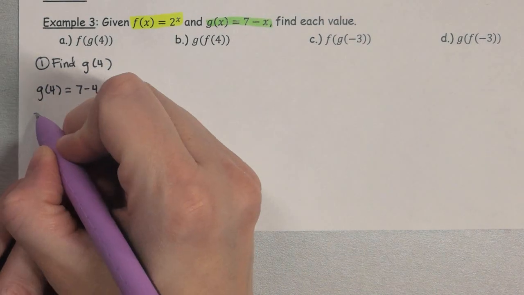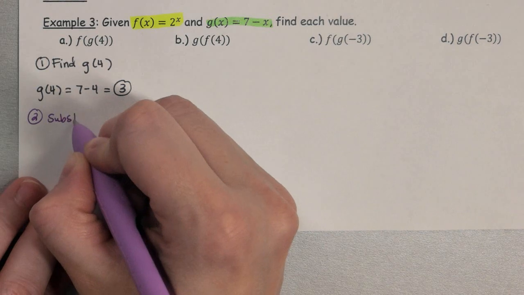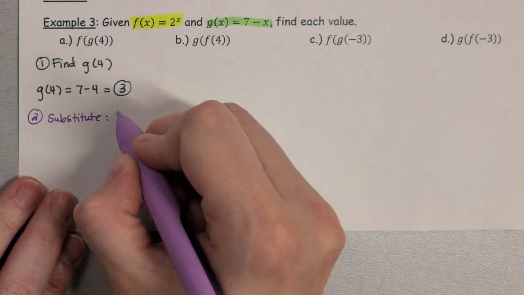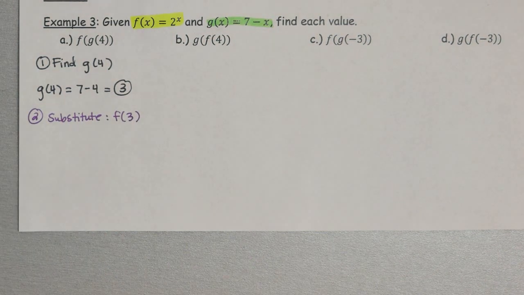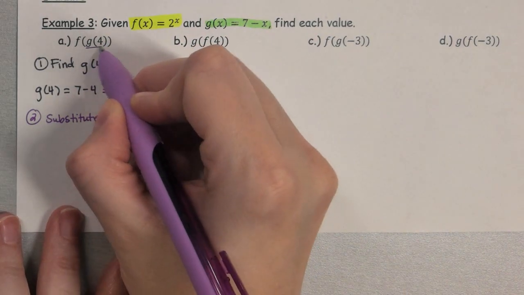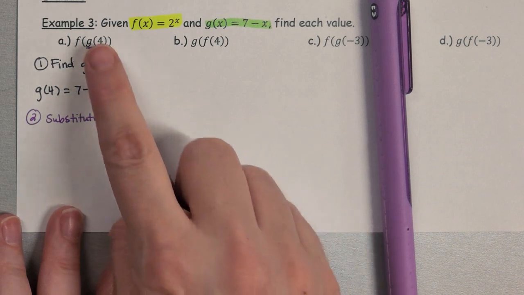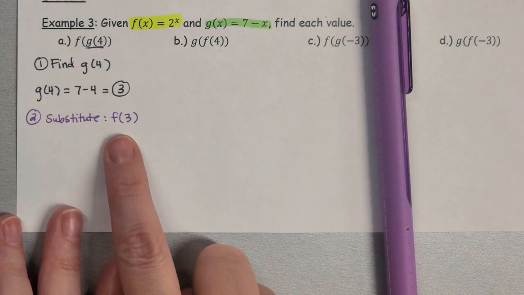Okay, now that's what we're going to take with us to step 2. And what we're going to do in step 2 is substitution, right? We're going to substitute, and we're going to find f of 3. Because really what we're doing here is we're taking g of 4. If we know g of 4 equals 3, we're just going to plug 3 in here. That's why it becomes f of 3.